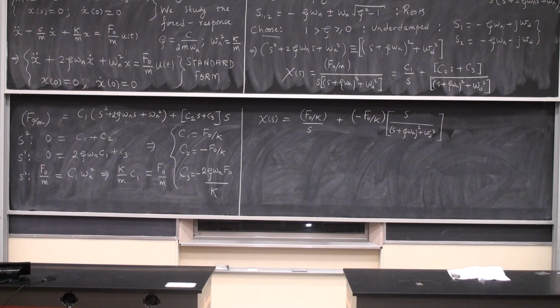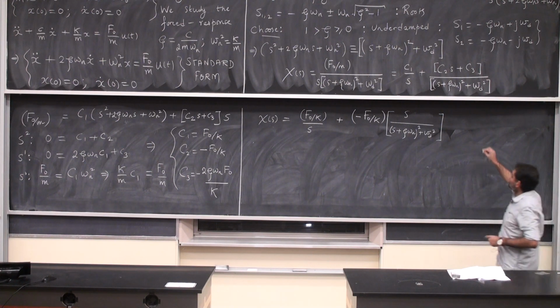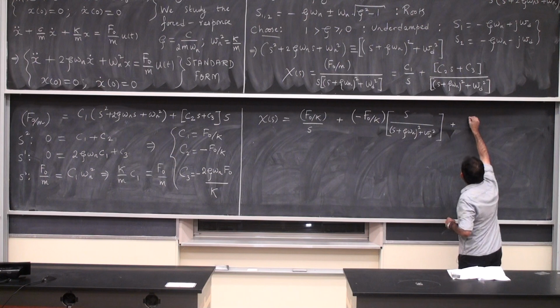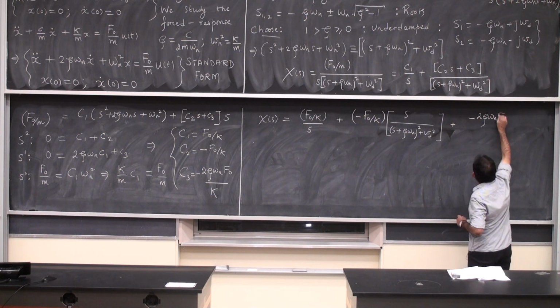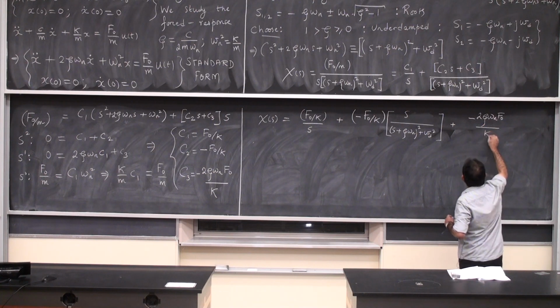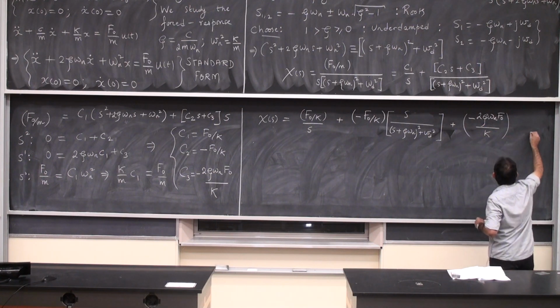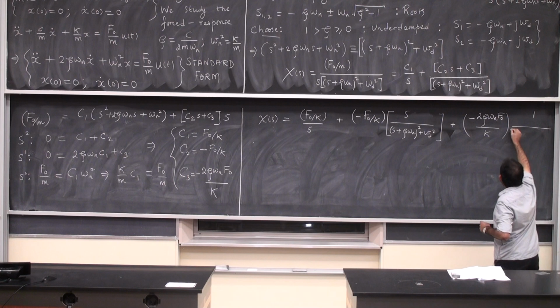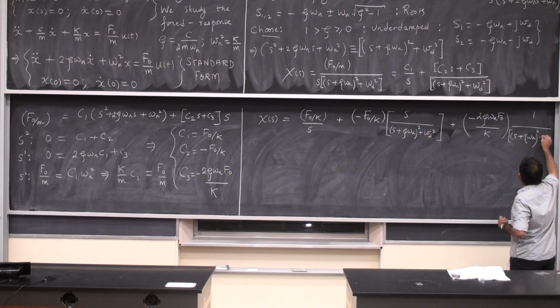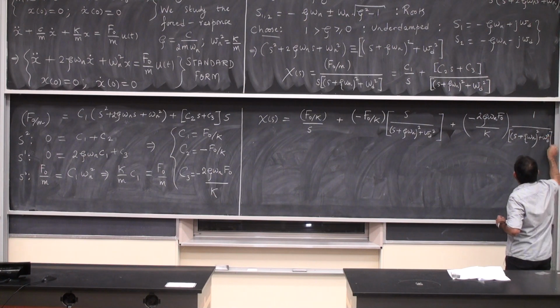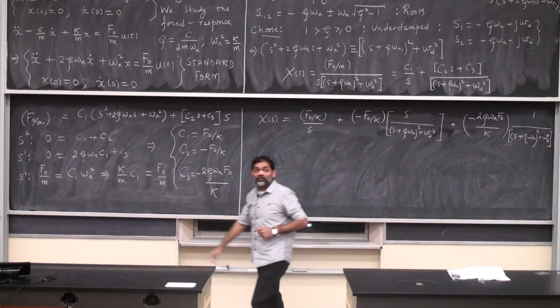So this is C2 times s divided by the denominator term. And the same thing for C3: minus 2 zeta omega n F naught by k, and 1, over s plus zeta omega n square plus omega d square. People in the back, can you see my writing?